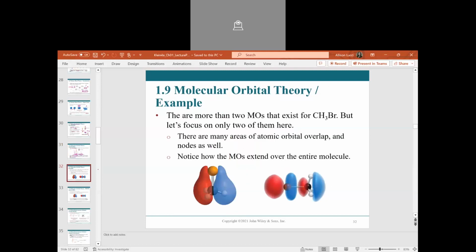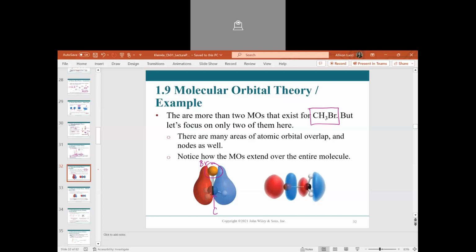And let's take a look here at some other images. So this is a molecule here. We have CH3Br. Methyl bromide is one way to name that molecule, or bromomethane. So we have our bromine atom up here, and then we have our carbon here, and then we have some hydrogens.